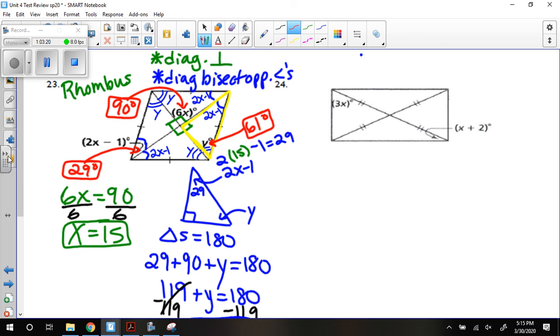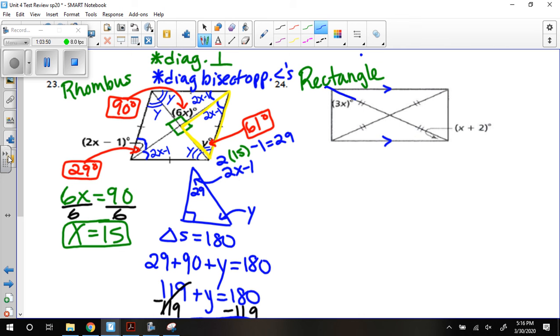Okay. Our next shape here is a rectangle, and that's because if you look, the diagonals, they're bisecting each other and they're congruent. So this is our rectangle, and you need to focus on the fact that a rectangle is also a parallelogram because these sides are parallel, correct?